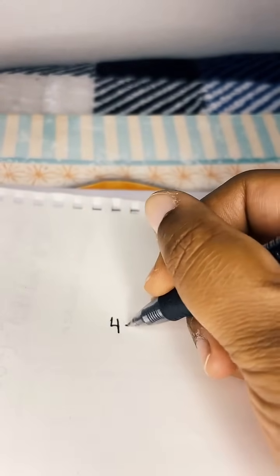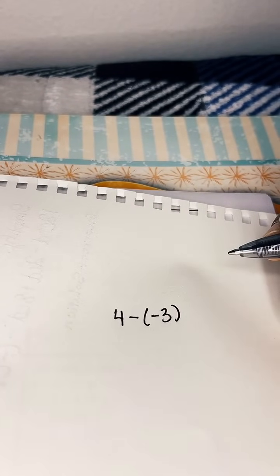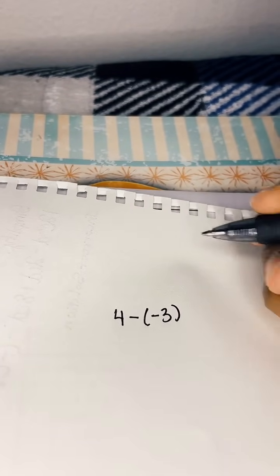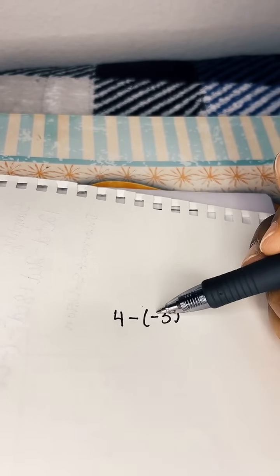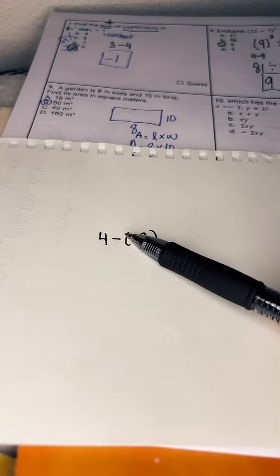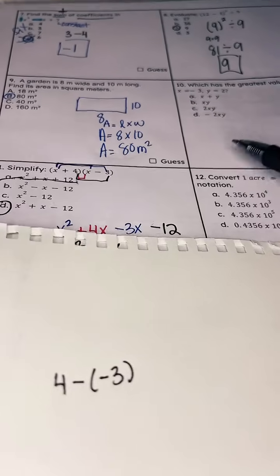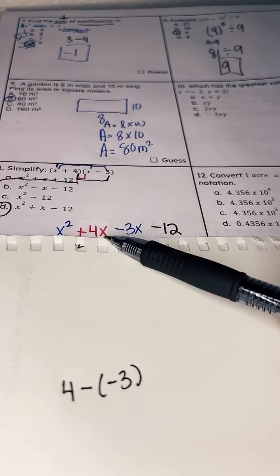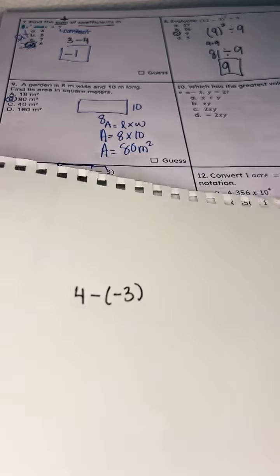Okay, now, Eve, you had a question. You said 4 minus a negative 3. Okay, now when we have two negatives like this, this is different from what we had in the last problem. What we had there was just 4x minus 3x.